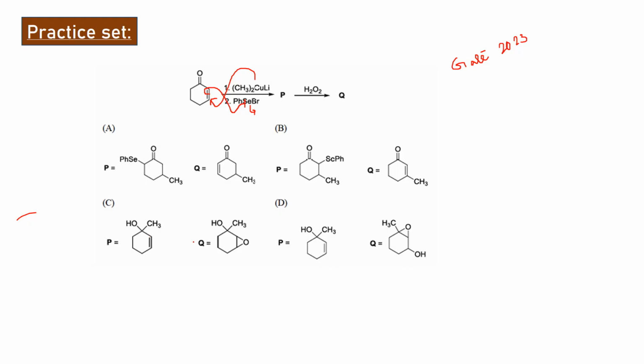So it will generate this as our P. In the next step, if H2O2 is there, this selenium will be oxidized, and it will take a proton from this position and undergo elimination, giving us this as our product. So the correct option will be option B.